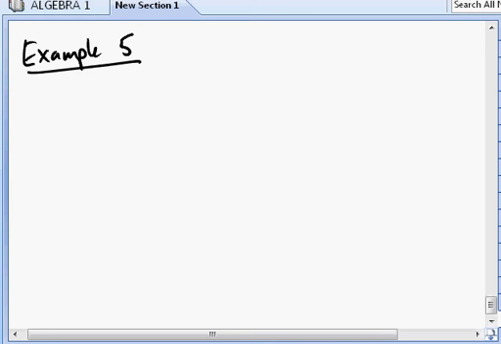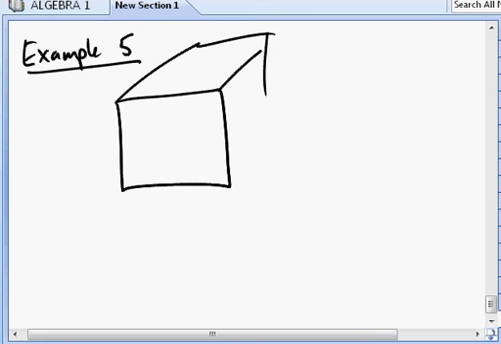Each edge of a medium-sized pop-up storage cube shown is 14 inches long. The storage cube is made so that it can be folded flat when not in use. Find the volume of the storage cube. So they're saying there's this cube, and the edges are 14s.